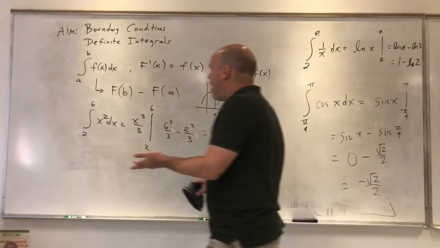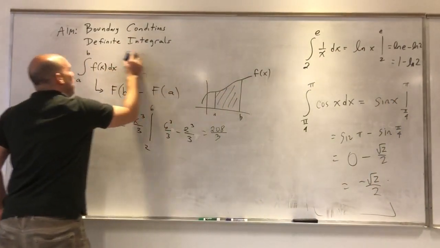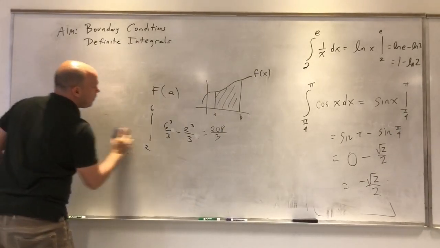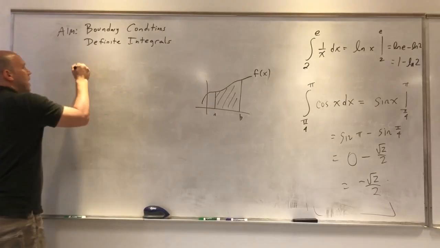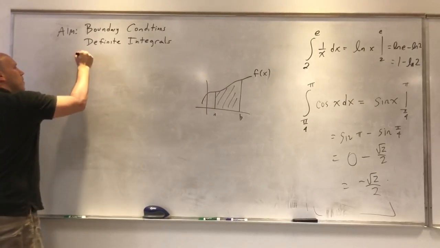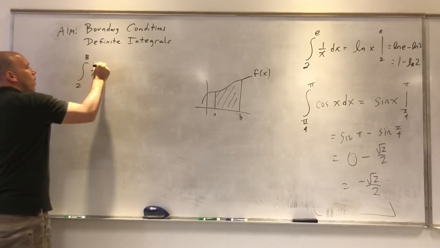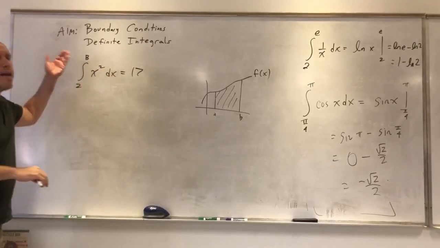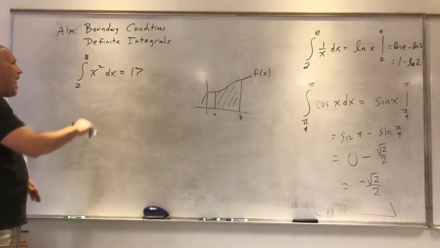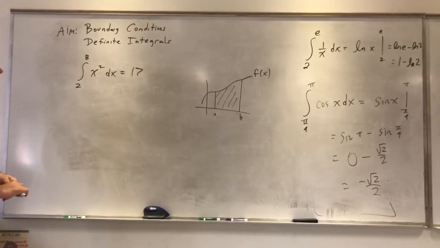And obviously the book is just going to give you algebra problems. You might see something like the integral from 2 to b of x squared dx is equal to 17. Find b. It's just an algebra problem. I'm not even going to solve this. So, that's it.